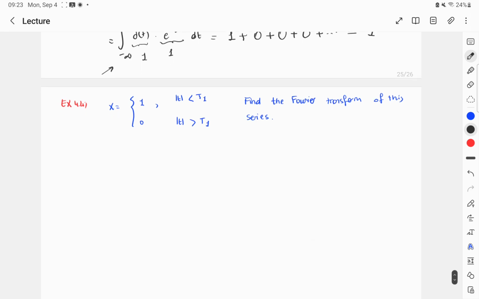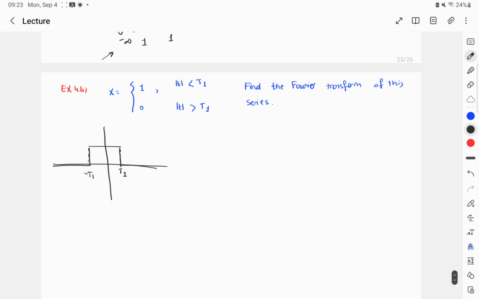As we can see, this function equals 1 until it reaches a value of capital T1, and here negative T1, and after that when it reaches T1 it becomes 0. So it's a similar type of rectangular function, but it has just one loop.